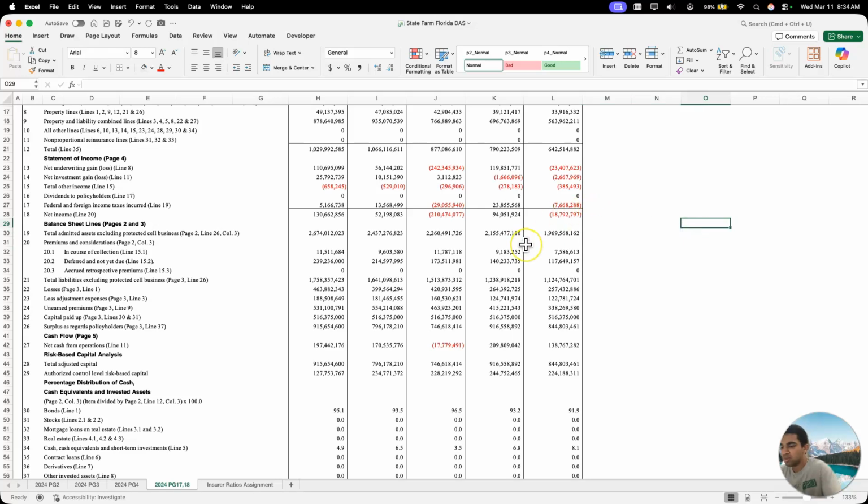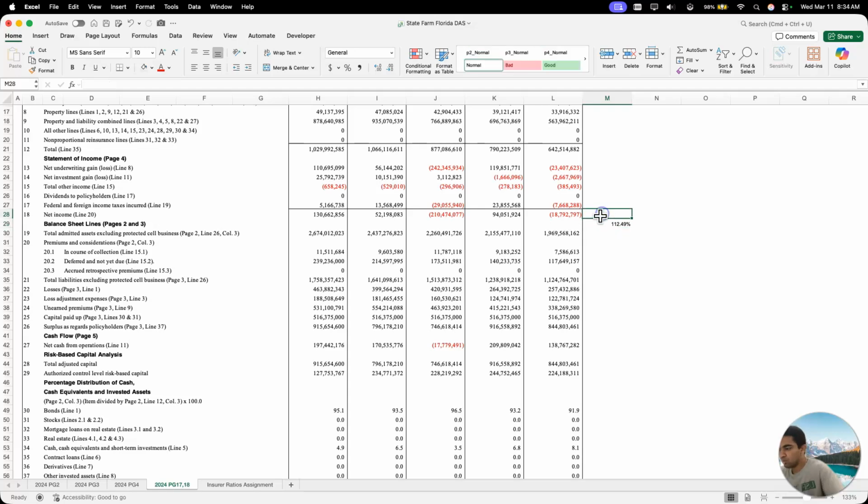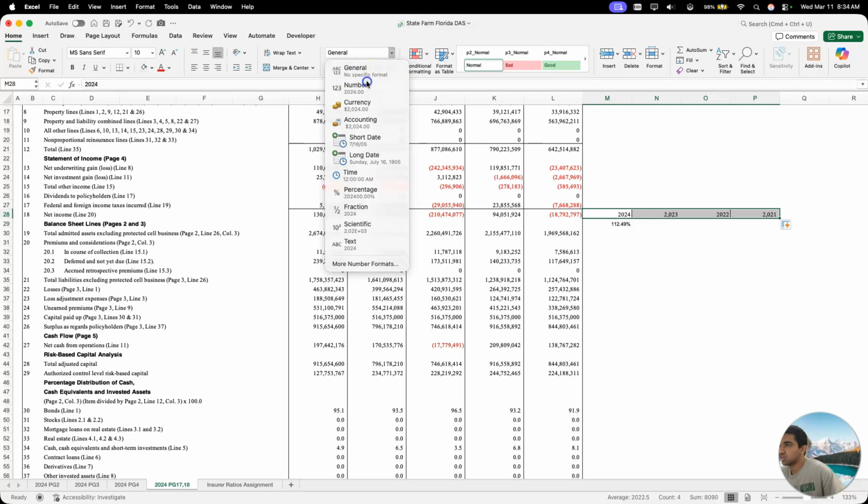So if we want to do premium to surplus, it equals net written premiums divided by policyholder surplus right here. That would be your answer. And you want to make it a percentage, to 2 decimal points. And if you want 2020, let's Command X, put this right here, and if you want 2024 to 2020, yeah, to 2021, and make this a number.